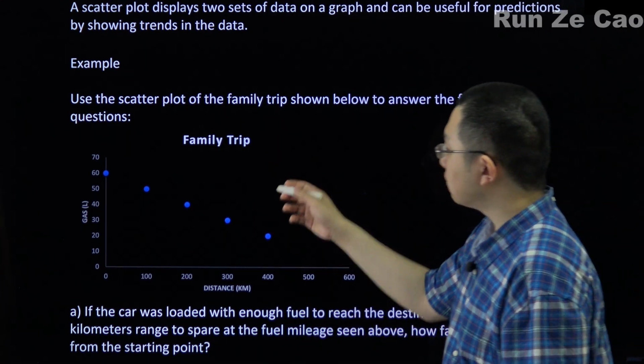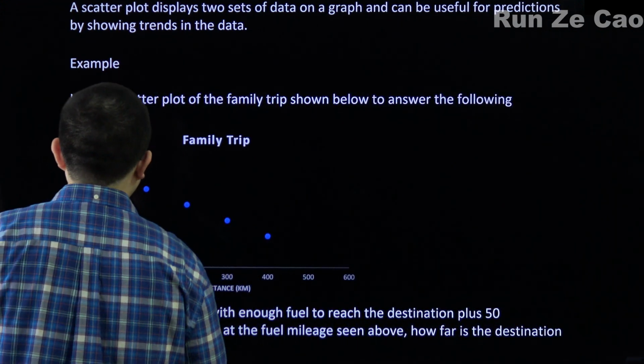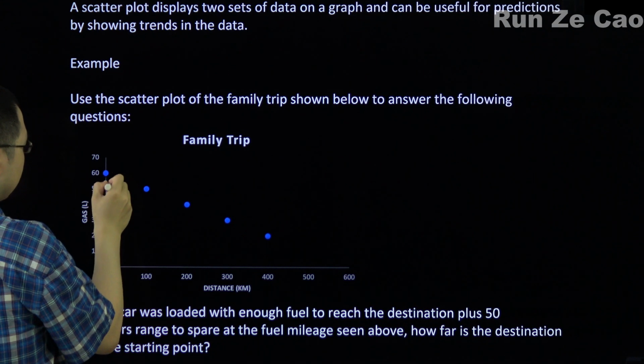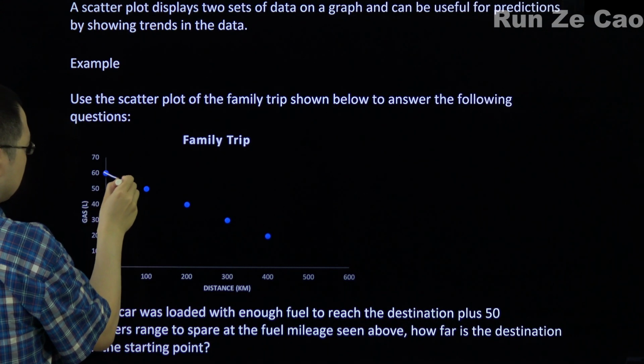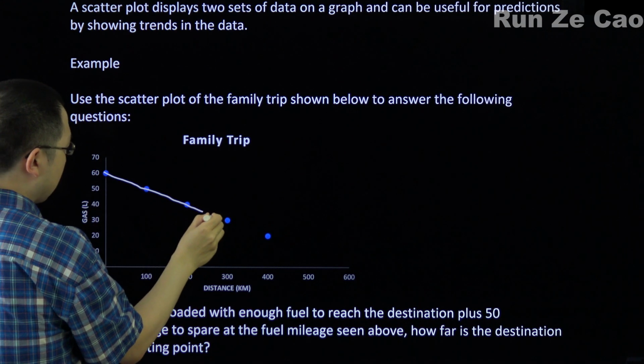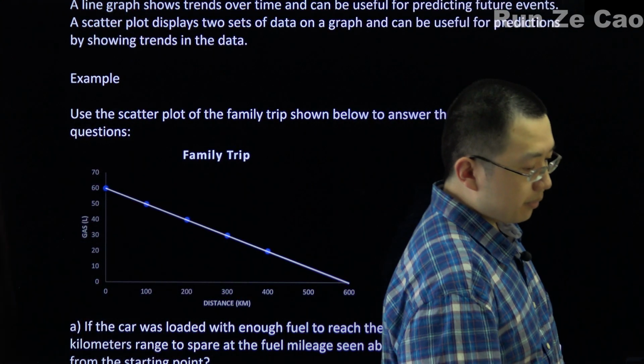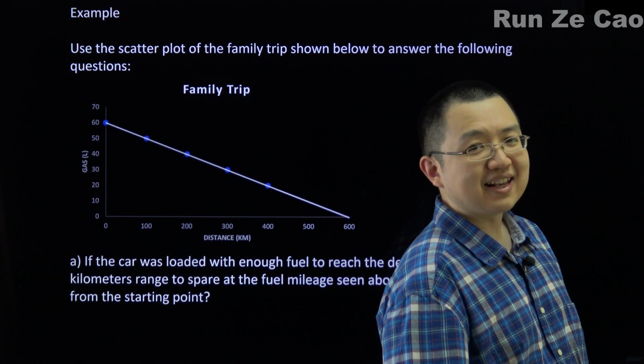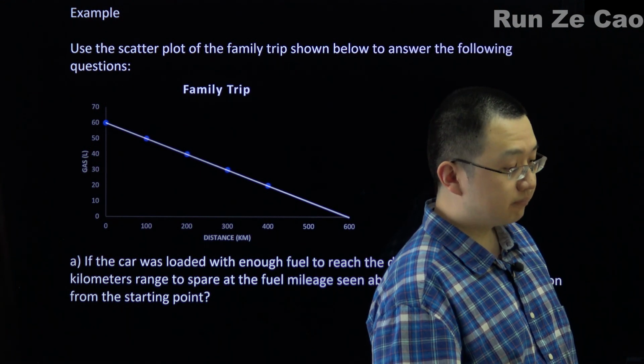So you'd have two range values for one domain value. A line graph, on the other hand, you only have one range value for each domain value. In this case, it's pretty glaringly a straight line. The scatter plot, the line of best fit, shows that all the points are on a straight line.